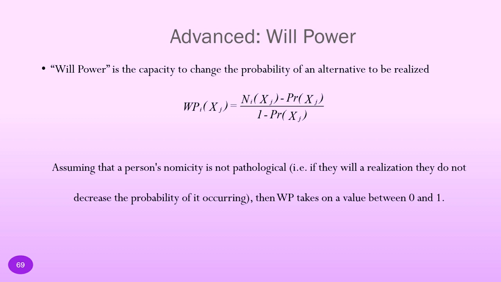So assuming that a person's nomicity is not pathological, right? In other words, if they will a realization, they do not decrease the probability of occurring, right? Then willpower will take on a value between 0 and 1.